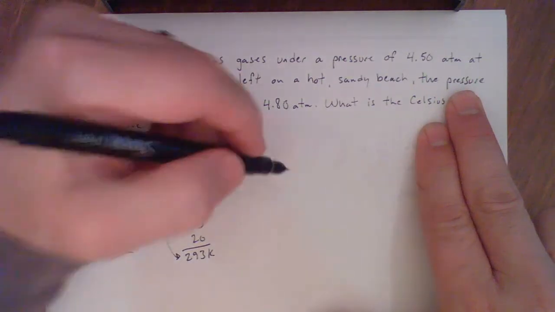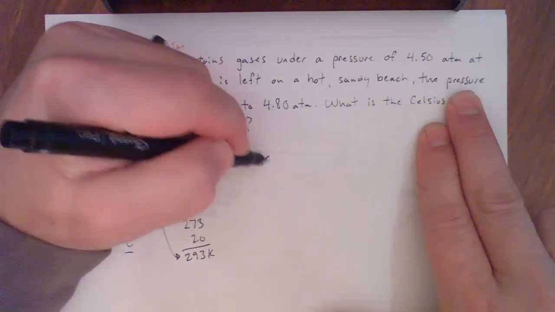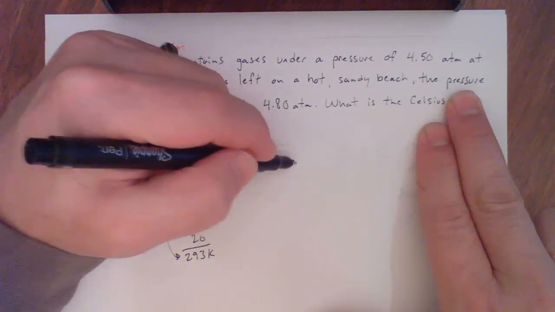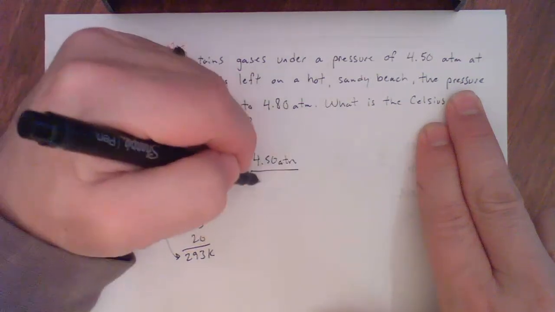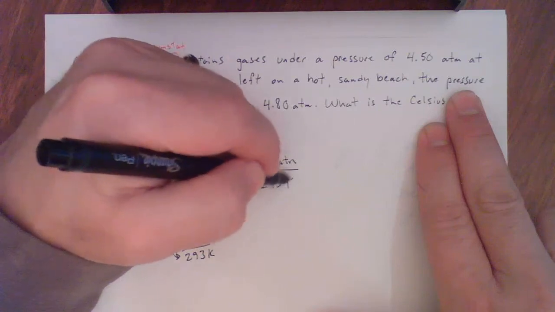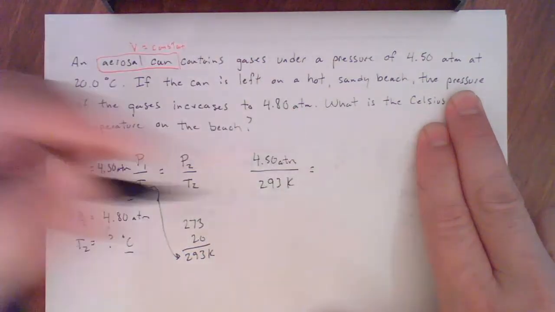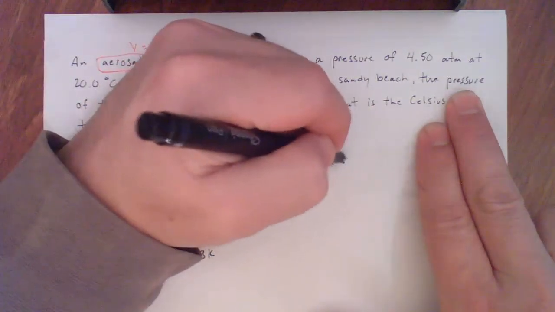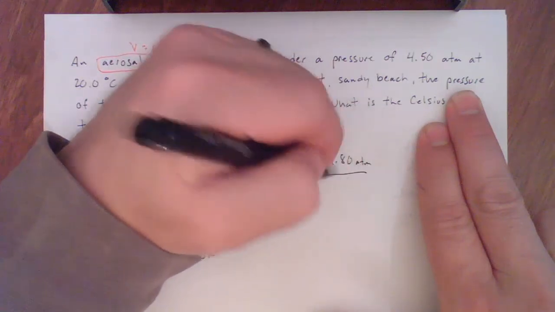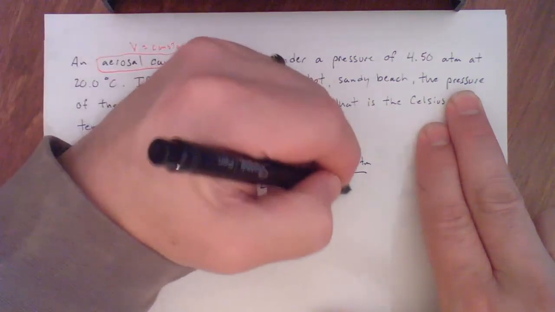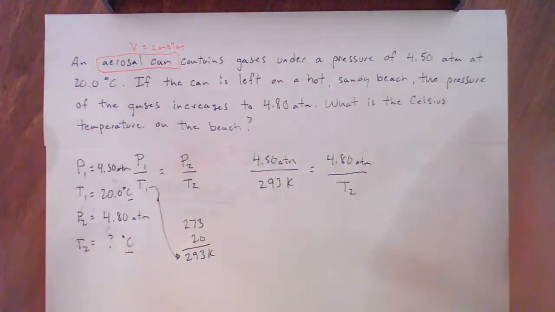So now we can set this up: 4.50 ATMs over 293 Kelvin equals 4.80 ATMs over T2. Now we just have to do that same algebra step that we did before.